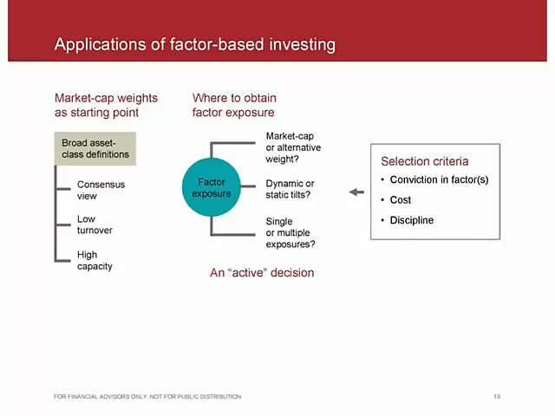The difference in particular with factor-based exposure is that, unlike traditional active, you're not deciding whether to terminate a manager or rehire a manager. You're deciding, in theory, what your conviction is in those factors. Let's say down the road, say 3 years from now, you've decided that that's a relevant period with which to evaluate yourself, or that's a period with which your clients have decided they want to evaluate you.